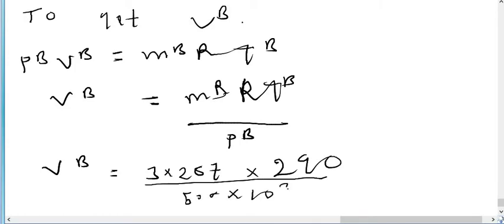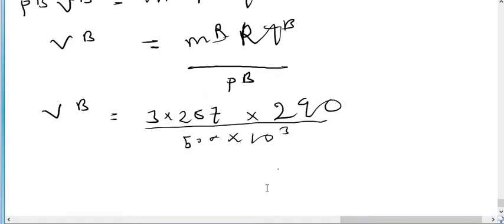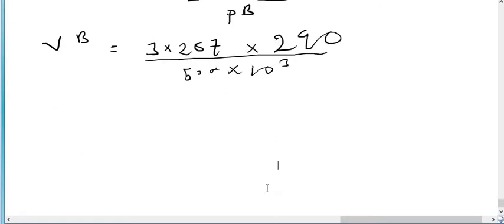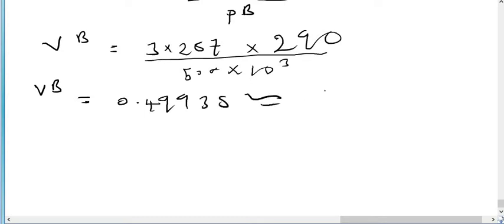I convert it to normal Pascal, which I multiply by 10 to the power of 3. So VB is equal to 0.4993, approximately 0.5 meter cube.